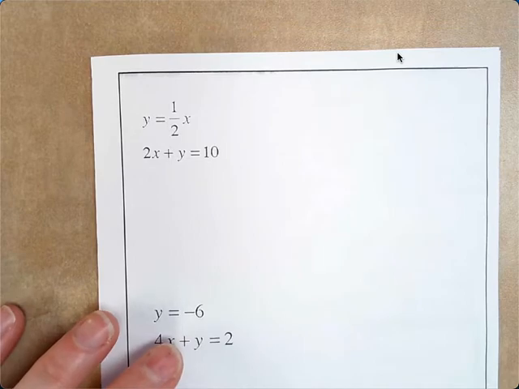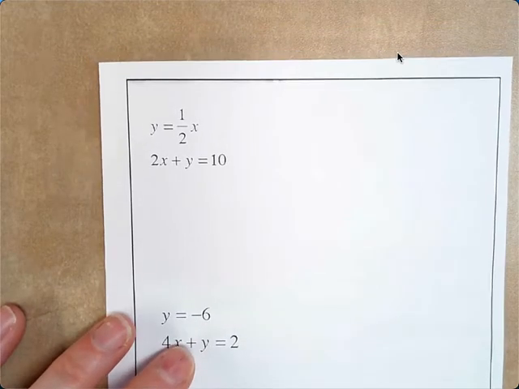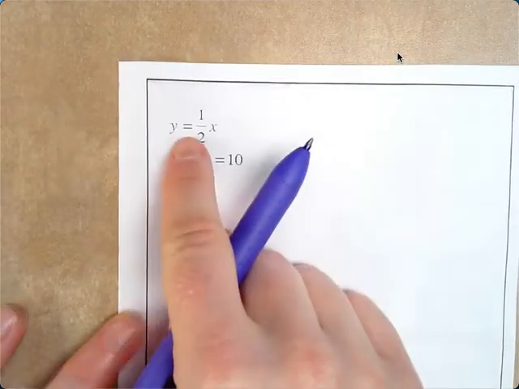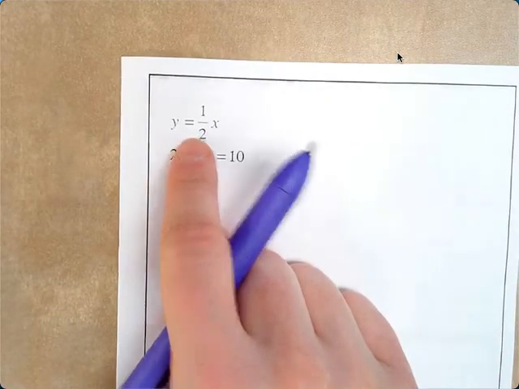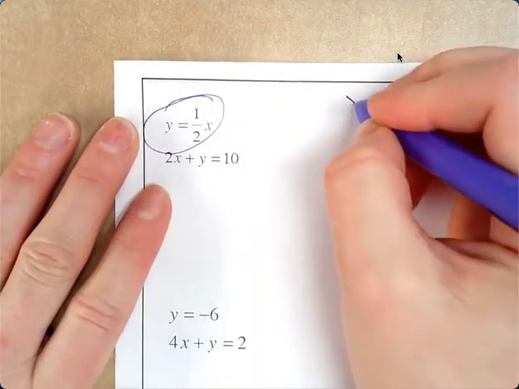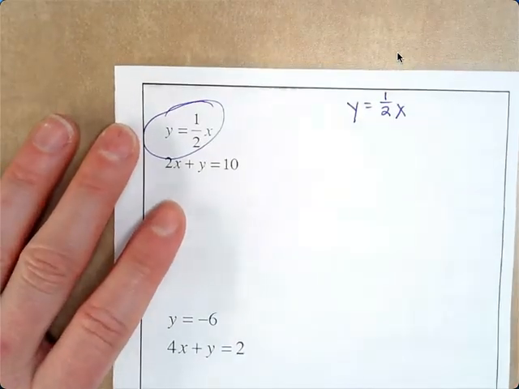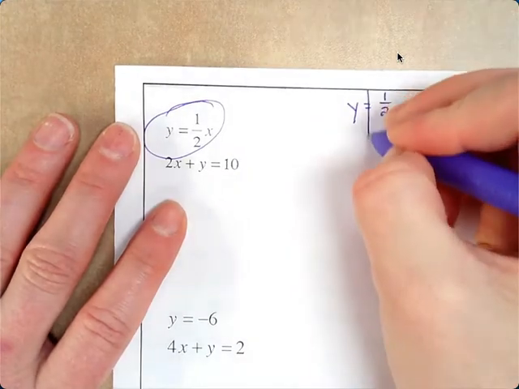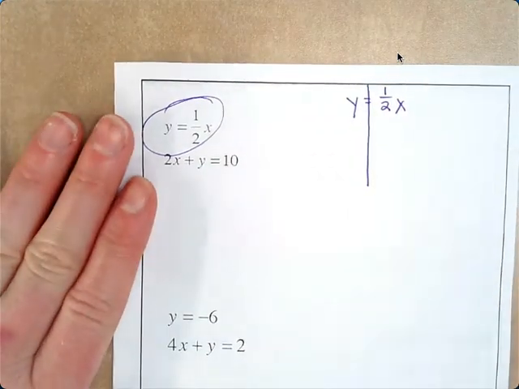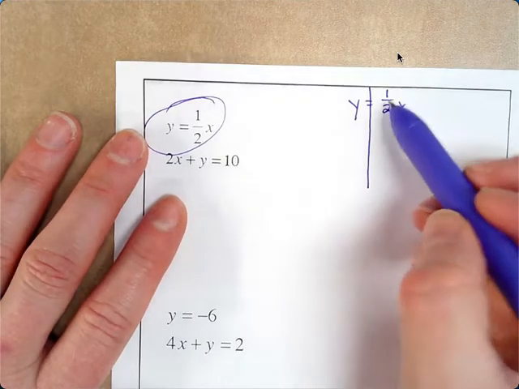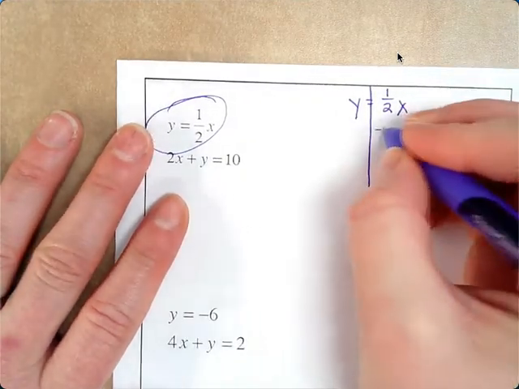Y equals 1/2 x, and then 2x plus y equals 10. On this one, we don't have this one in standard form. So we need to change this one. We need it to be x, y equals a number. So how could I move things around so it's x, y equals a number? Yeah, this one's positive, so I'll actually subtract.